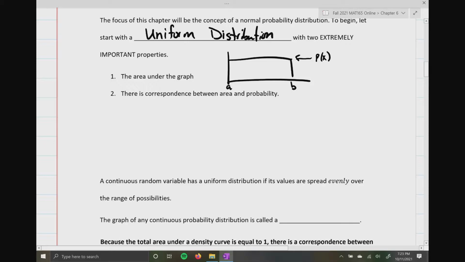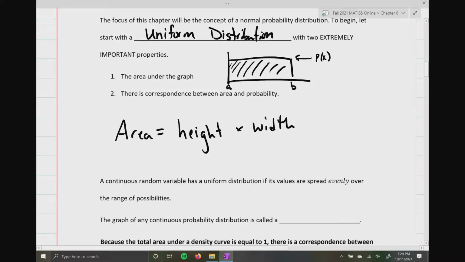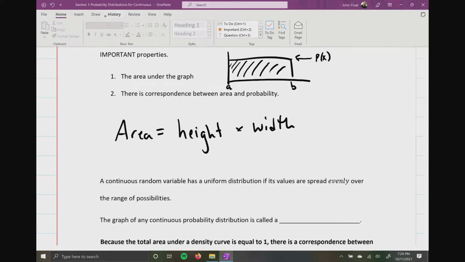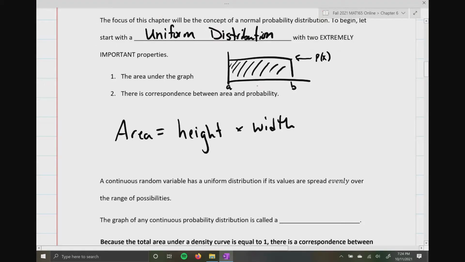And if it's uniform, that means the probability is going to be the same from A to B. And we could easily find the area of this curve, or basically this rigid object, by saying area equals the height times the width. So let me get more specific here. All right, so this is going to be my width and this is my height, okay?